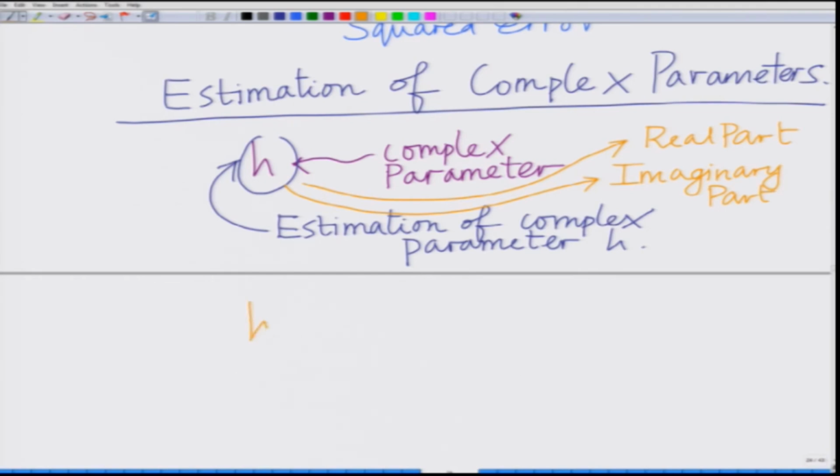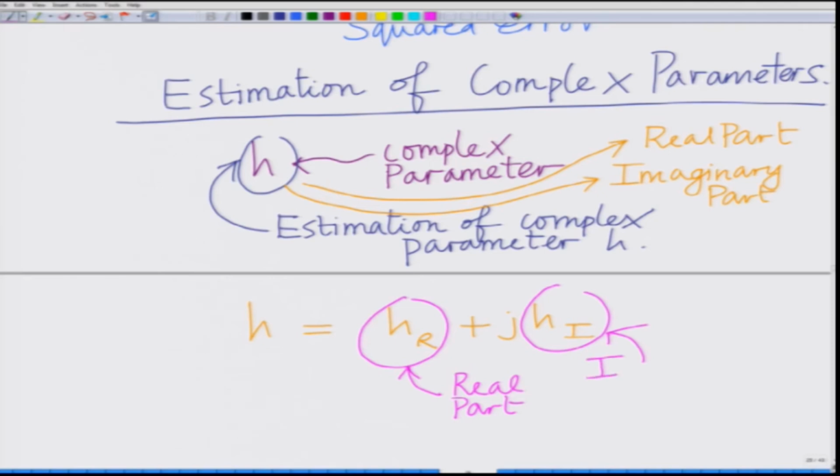So, I can represent h as h equals HR plus j times HI, where HR is the real part, of course, this is fairly obvious, and HI is the imaginary part.